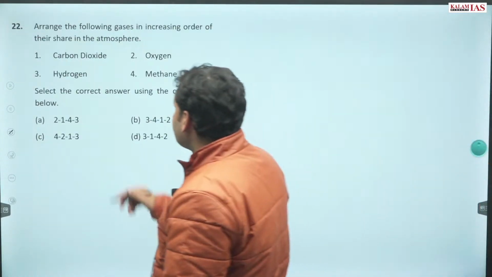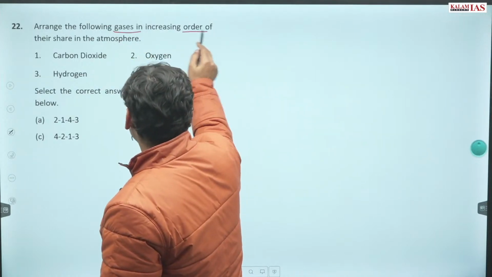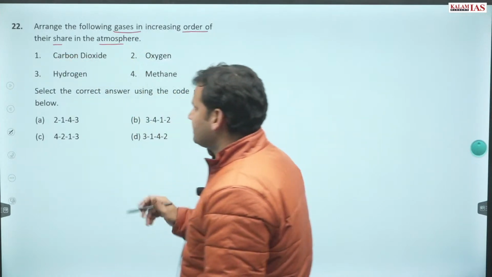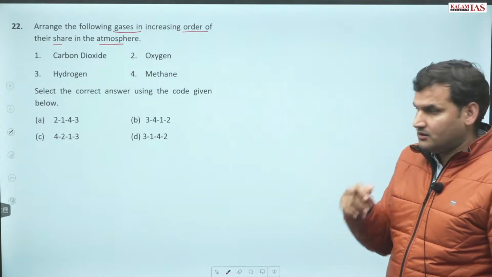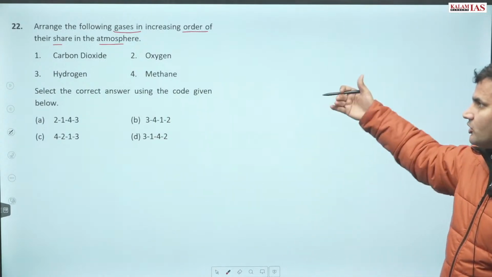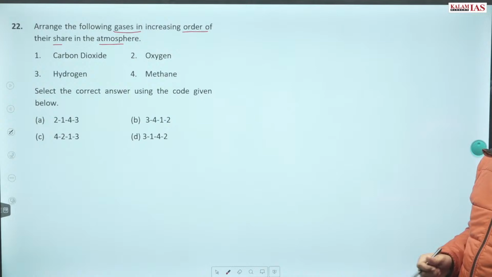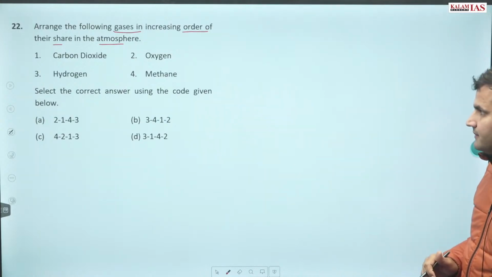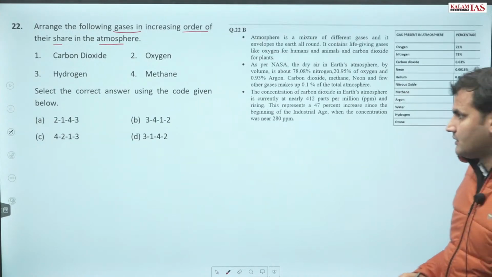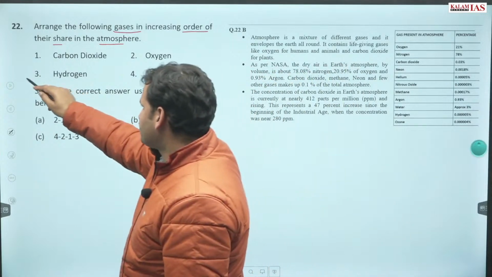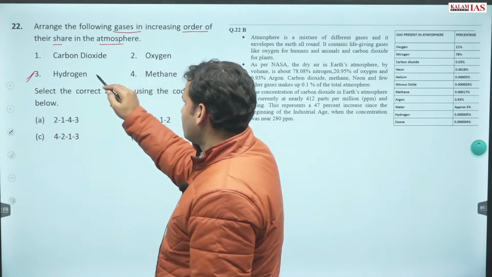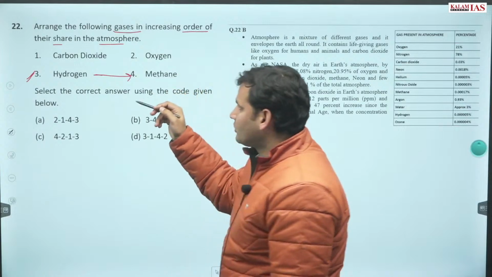Question number 22. Arrange the following gases in increasing order of their share in atmosphere. So in increasing order, which is the least gas in concentration? This is hydrogen. Hydrogen followed by methane. Then what we have?